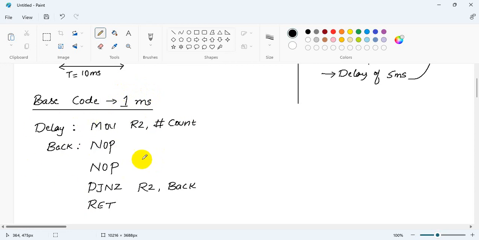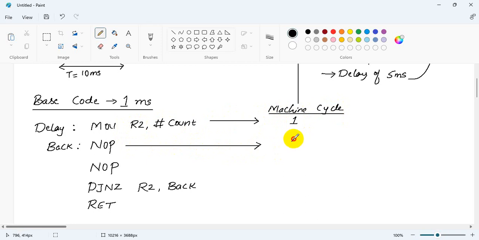Fine. Now each instruction takes some time, and the time taken by each instruction is given by the number of machine cycles. What is a machine cycle? It is the time taken by the instruction to execute. The MOV instruction takes 1 machine cycle, and the NOP instruction, no operation, also takes 1, and this NOP also takes 1.